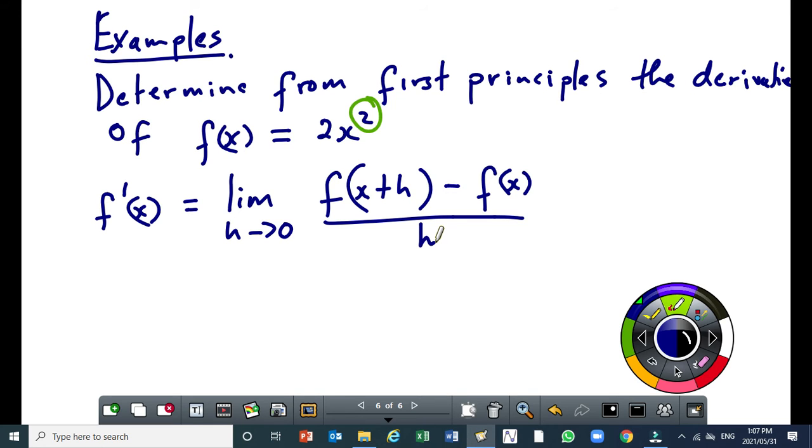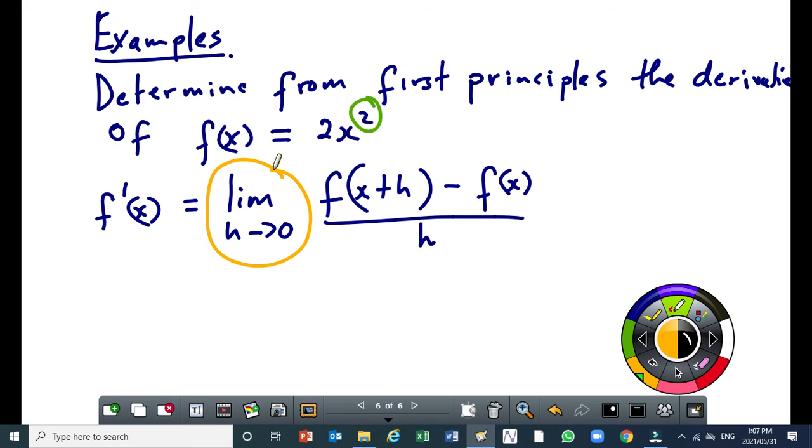I need to emphasize that the limit part must be written on the right-hand side of the equal sign. And as I told you on Friday, you continue writing it until you decide to substitute. In this case, we are going to be substituting h equal to 0.